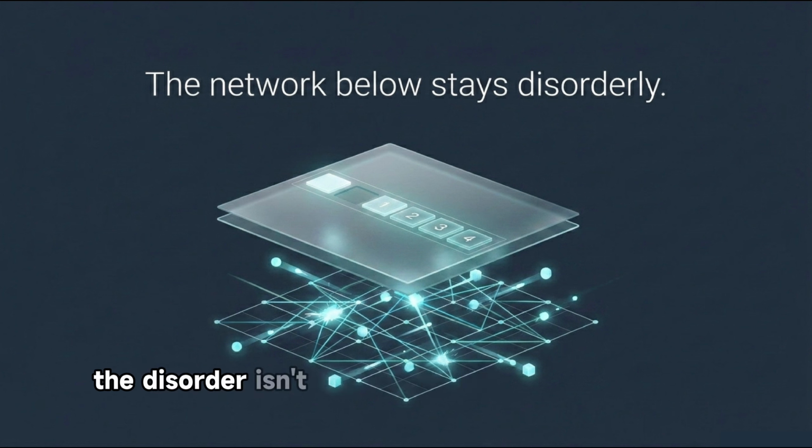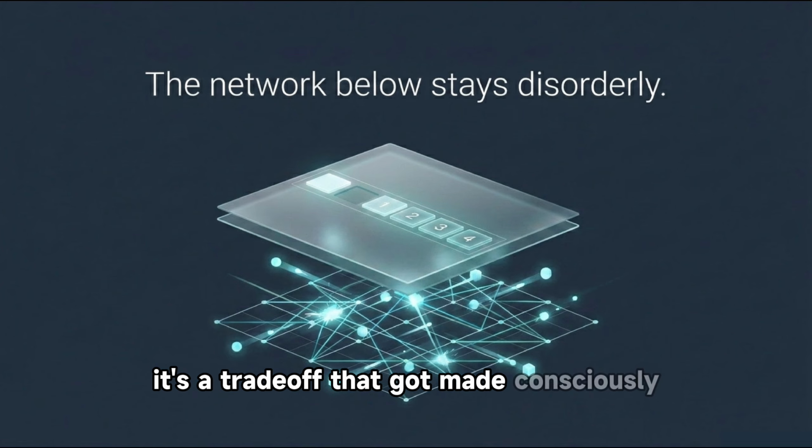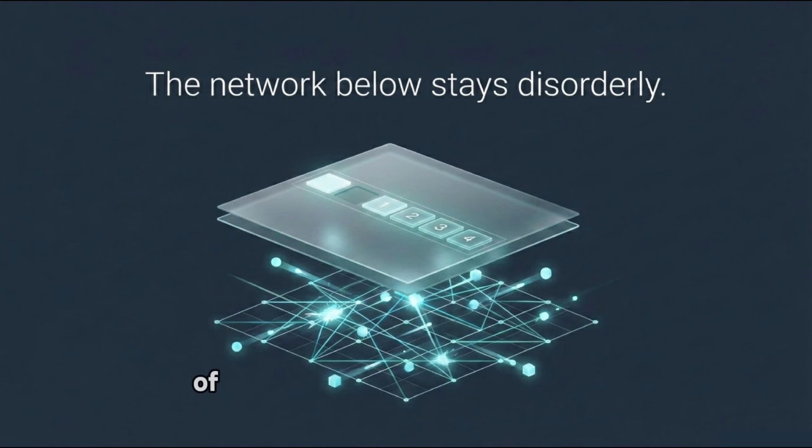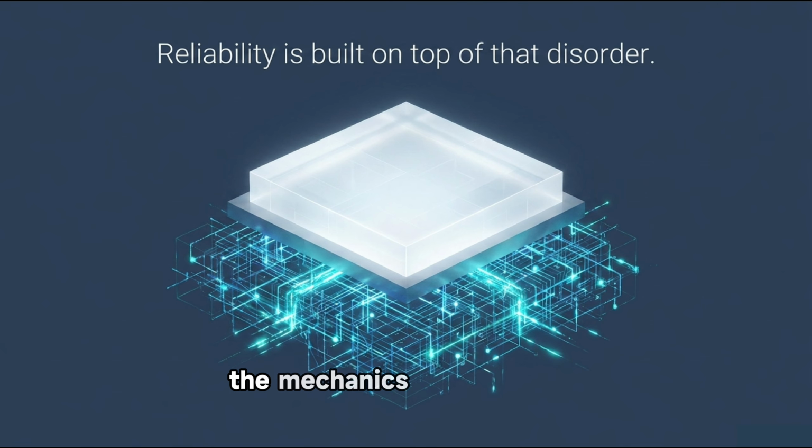The disorder isn't a problem that got left unsolved. It's a trade-off that got made consciously, with a clear understanding of what would need to be handled above it. Once you see it that way, the mechanics of reordering stop looking like a flaw in the plumbing and start looking like the foundation on which everything reliable had to be built.